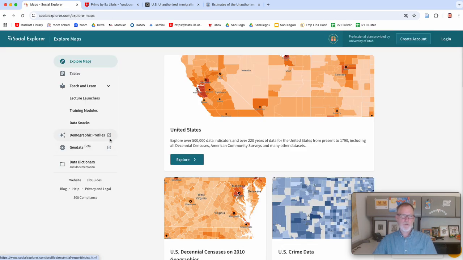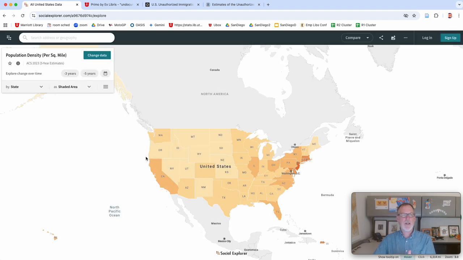If you're authenticated through CIS or email or any of those things where you had to do the Duo authentication, you should be good to go. But if you get to this point and you're rejected, try authenticating and then going back in through the databases, because this is something that only students, staff, and faculty have access to. Go to Explore. By default, it puts you in the most current survey.